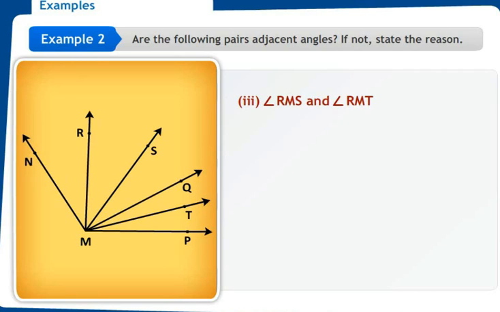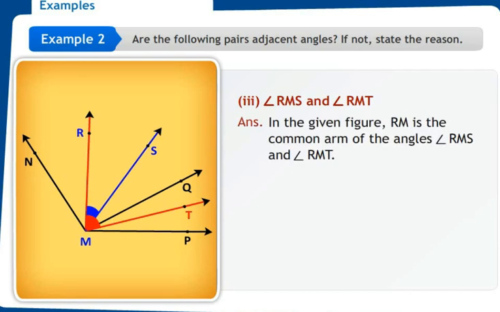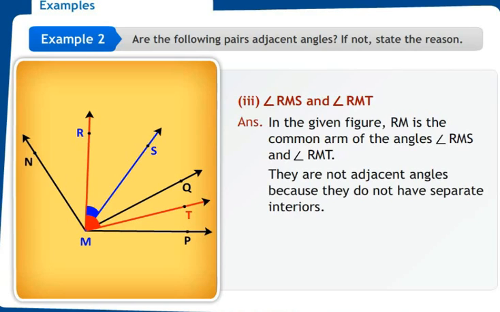One more pair we will try. Angle RMS and angle RMT. You can see in the given figure RMS and RMT. RM is the common arm of the angles RMS and RMT. Okay, they have a common vertex point M. They have a common arm RM, but they do not have separate interiors.